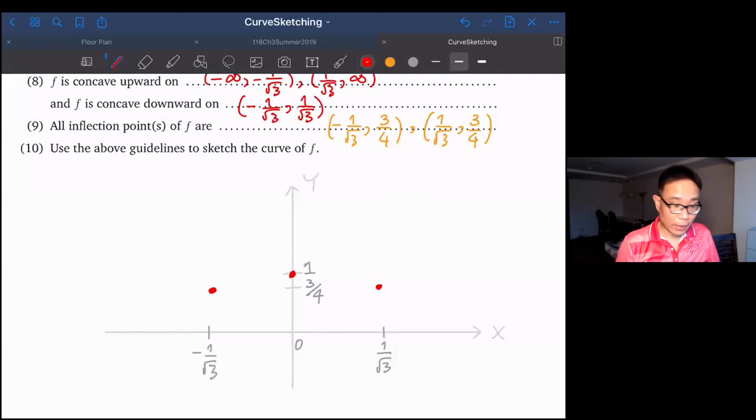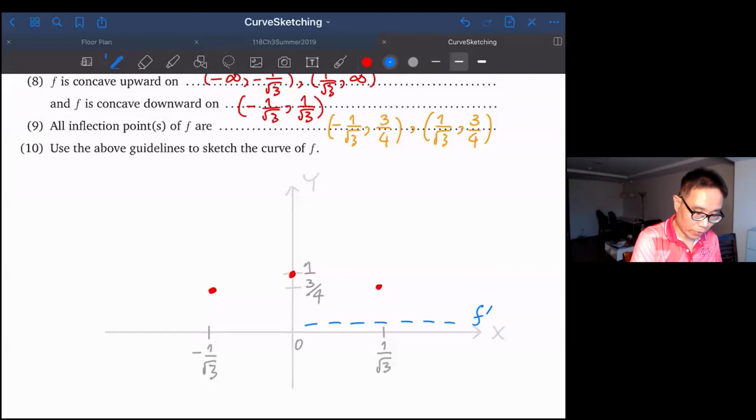Okay. And you're going to gather the sign for f prime. So it's going to become negative. It becomes positive in this interval. Okay.